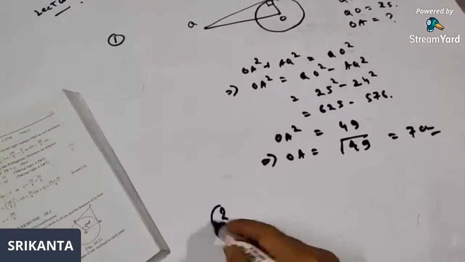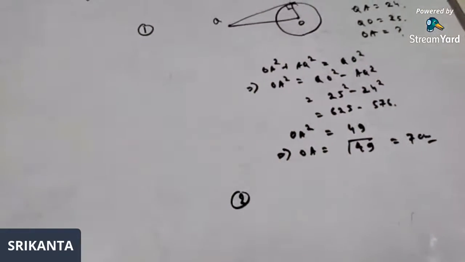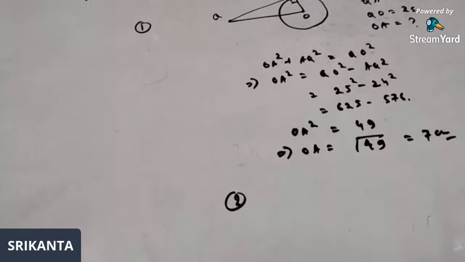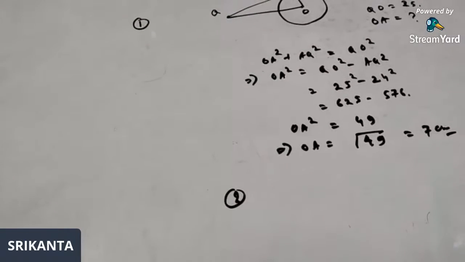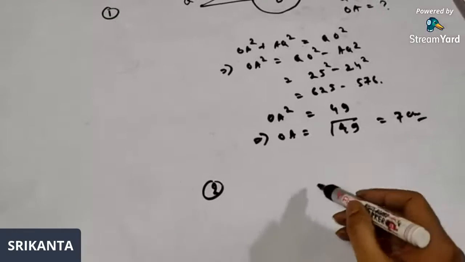Now question number 2. Question number 2 says angle POQ is 100, then find angle PTQ. This is very easy.